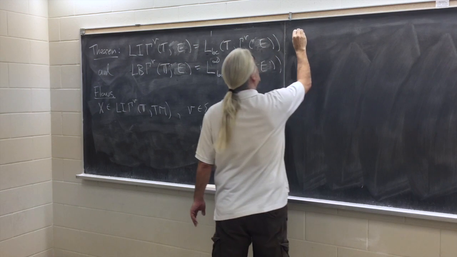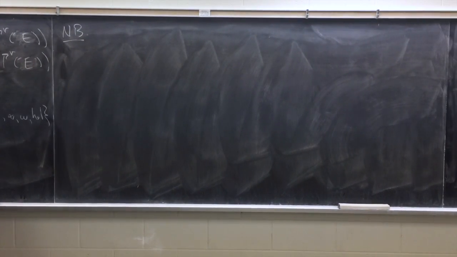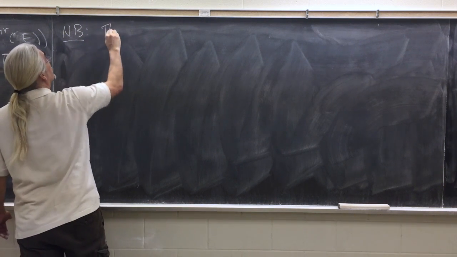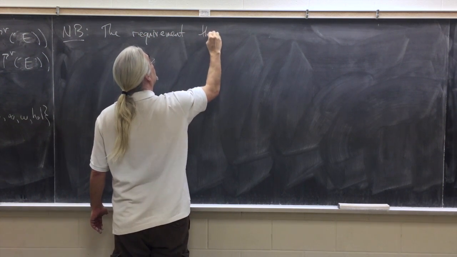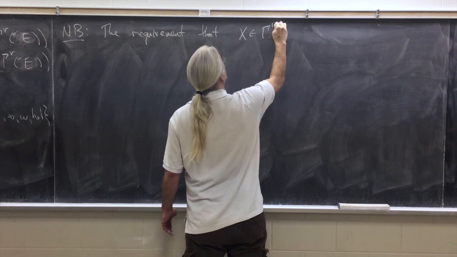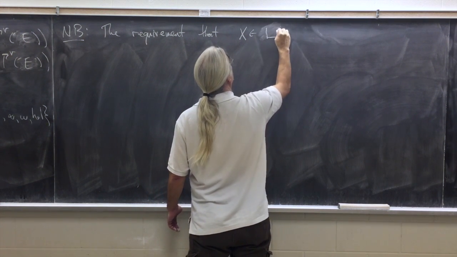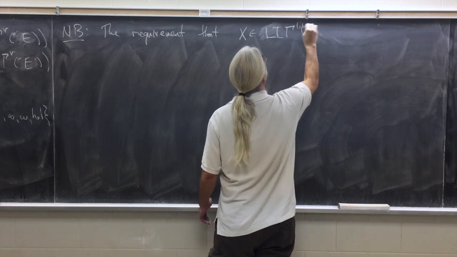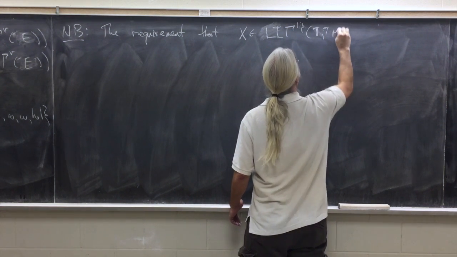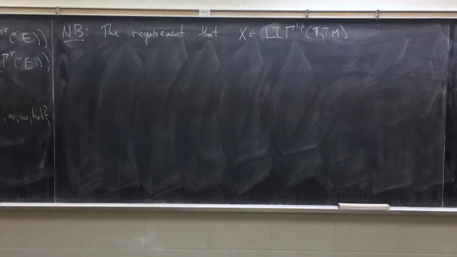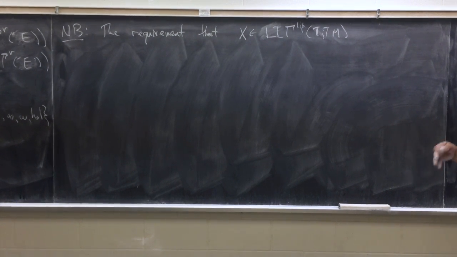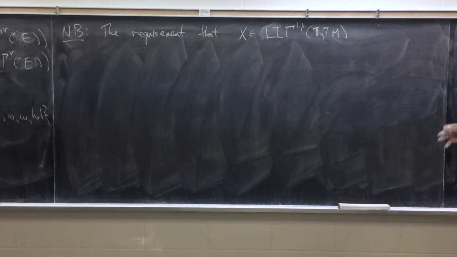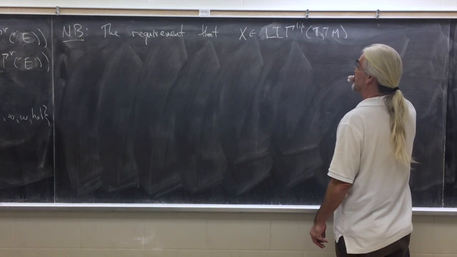The first thing I'll note is something that I've already said a few times. That is the requirement that X being gamma Lip is exactly, when you express it in coordinates, the conditions of the Caratheodory existence and uniqueness theorem for time-varying vector fields, or time-varying differential equations.